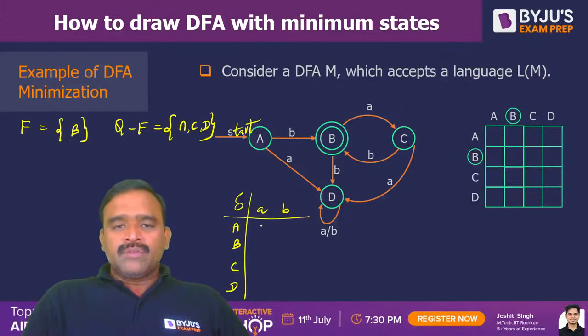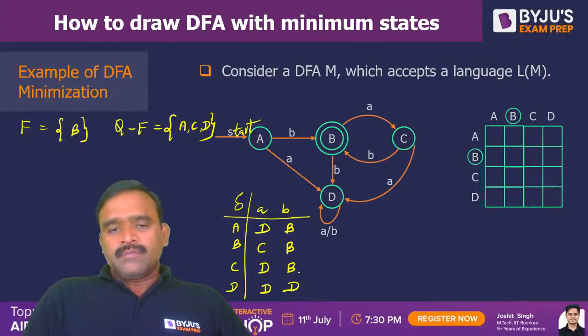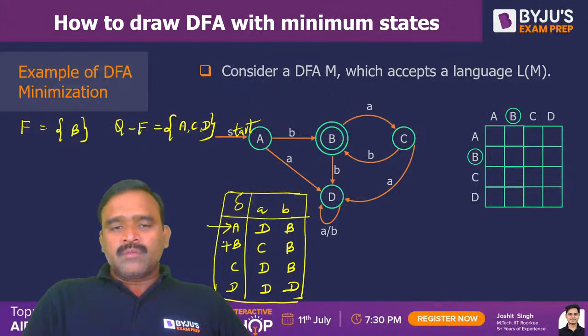A on A goes to D. A on B goes to B. B on A goes to C. B on B goes to B. C on A goes to D. C on B goes to B. D on A is D, D on B is D. Like this, we can construct the delta. Delta is a transition function with initial state A, and the final state I am putting a star mark, it is B. Now there is one direct method of doing it and also an indirect method.